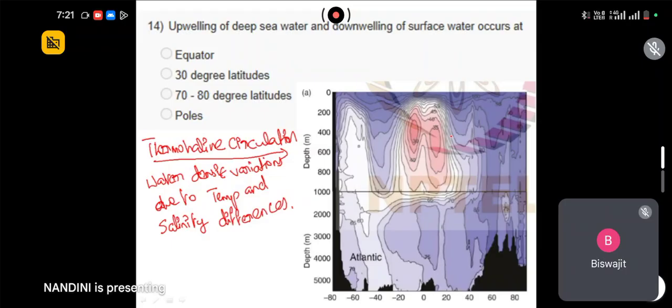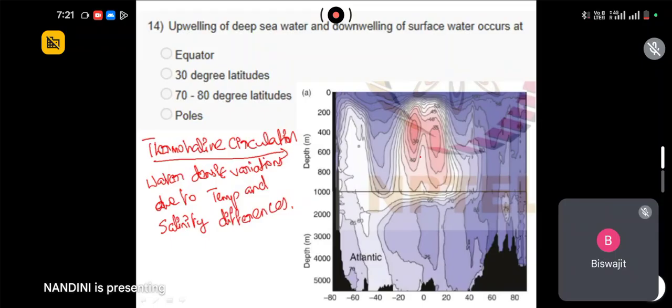Here we can see the blue lines basically show high concentration of oxygen, and the red lines show low concentration of oxygen. Sorry, it's the other way. Yeah, blue shows high and red shows low values.